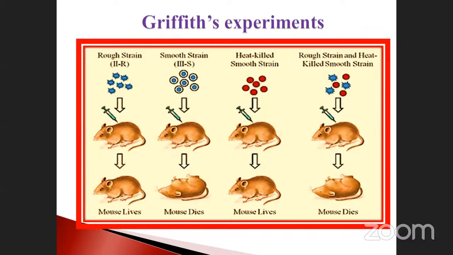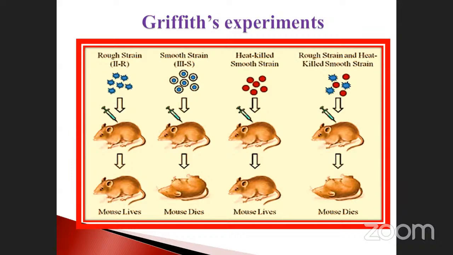Once again, I repeat for you. In the last part, listen. There are two strains present, rough as well as smooth, but the smooth is the killed one. See the result for the killed one: the mouse is alive. But the rough strain is not killed.